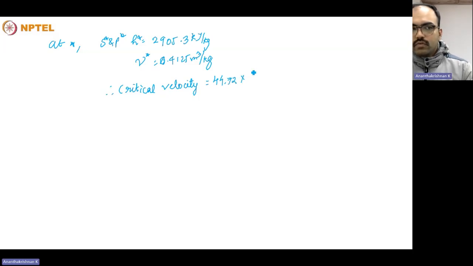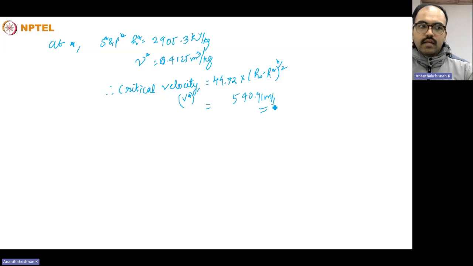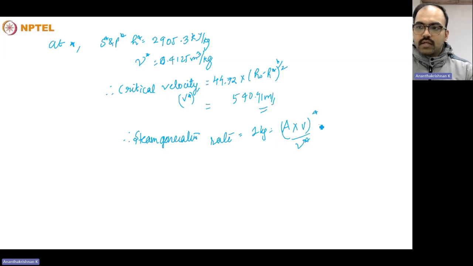The velocity V star at the throat is the root of 2000 into (H0 minus H star), which will be equal to 540.91 meter per second. Given the steam generation rate is equal to 1 kg per second, that will be equal to A into V star divided by nu star.